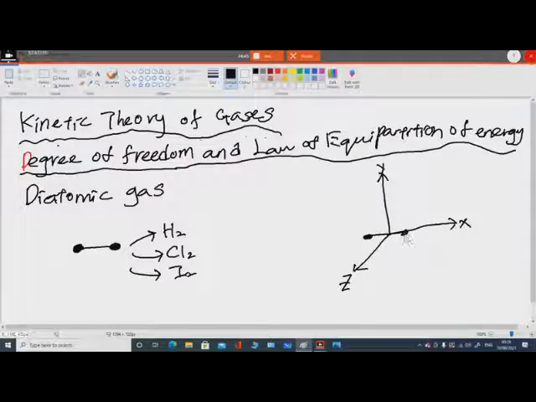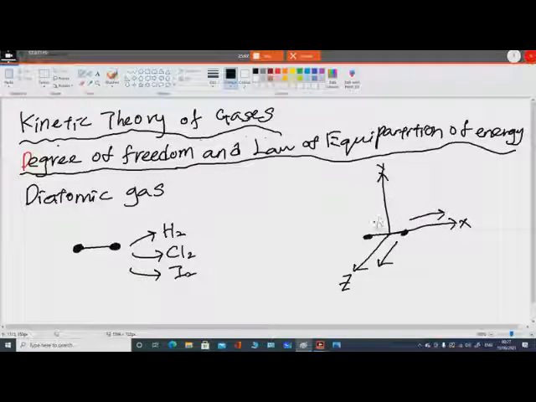Same as before, we know that the diatomic gas consists of three translational motions, towards the z direction, the x direction, and finally the y direction.